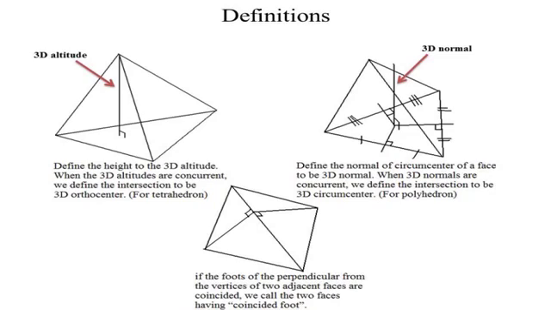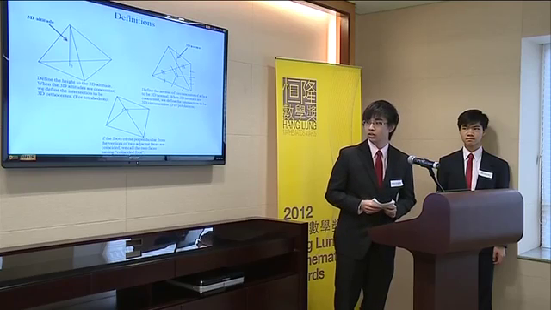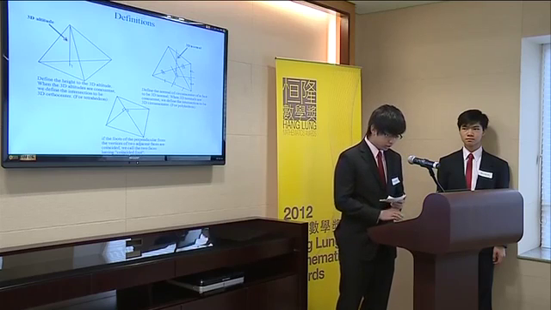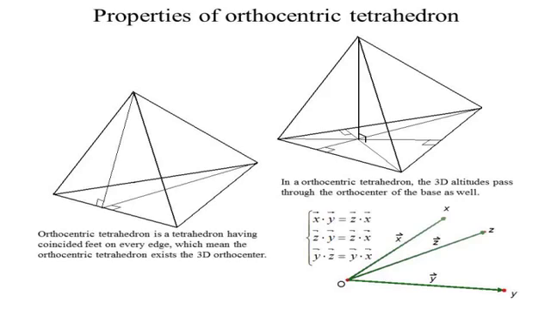We define the 3D altitude and the 3D normal as shown in the figure. If the feet of the perpendiculars from the vertex of two adjacent faces coincide, we call the two faces having a coincide foot. An orthocentric tetrahedron having coincide feet on every edge is called a 3D orthocentric tetrahedron.